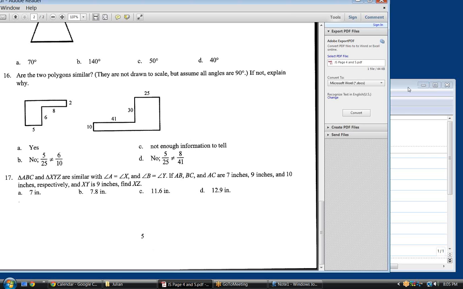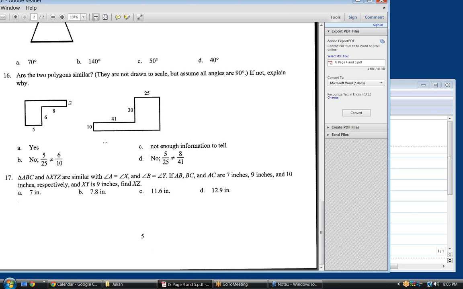What is the ratio of the corresponding sides? Find the corresponding side of this polygon relative to this polygon. If I were to orient this properly by flipping it, it corresponds with the 2, right? It's the skinniest side. So what's the ratio?